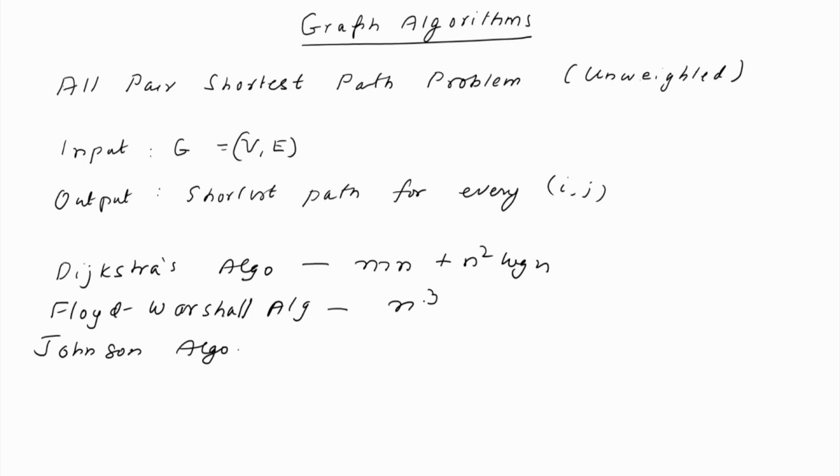Okay. So, in some sense you might feel that if the shortest paths between pairs of vertices are long, then the output itself should take order n for every pair, and with n square pairs, n cube is the best possible.